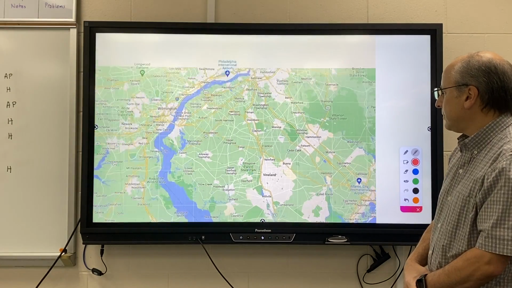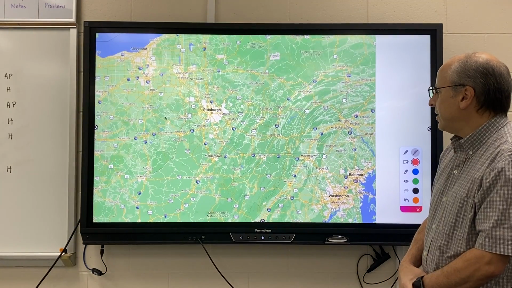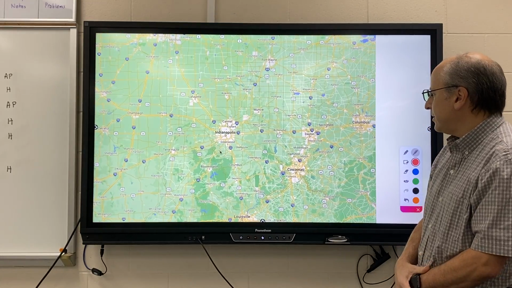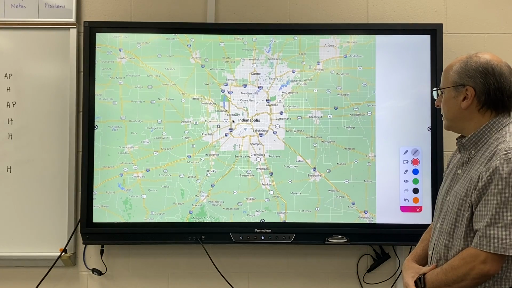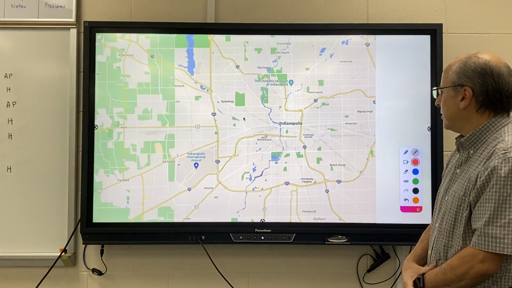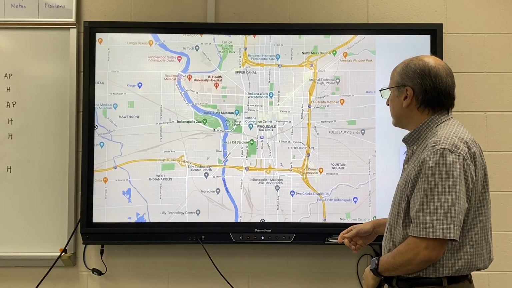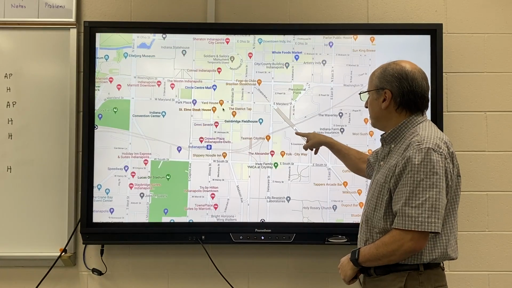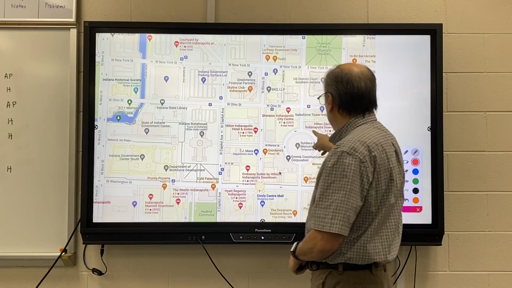Zoom out so you get a sense of where you are in the country, go west until you find Indianapolis, and zoom in on Indianapolis. Right at the heart of the city, we don't want to go to the Speedway, but we want to look for the War Museum, and then right near the War Museum, we will see right here, Monument Circle.